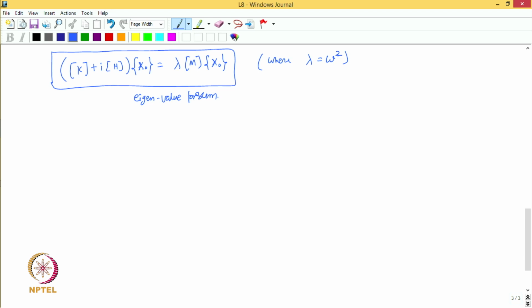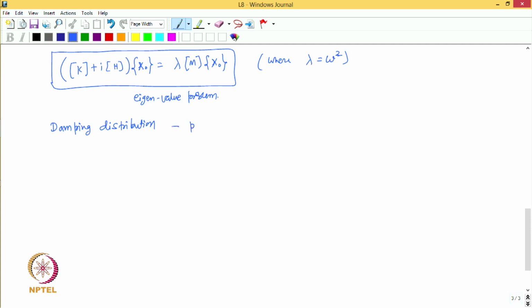Now, there are two possibilities here regarding how damping is distributed, right. So, damping distribution: there are two models, or two possibilities, of analyzing the effect of damping.